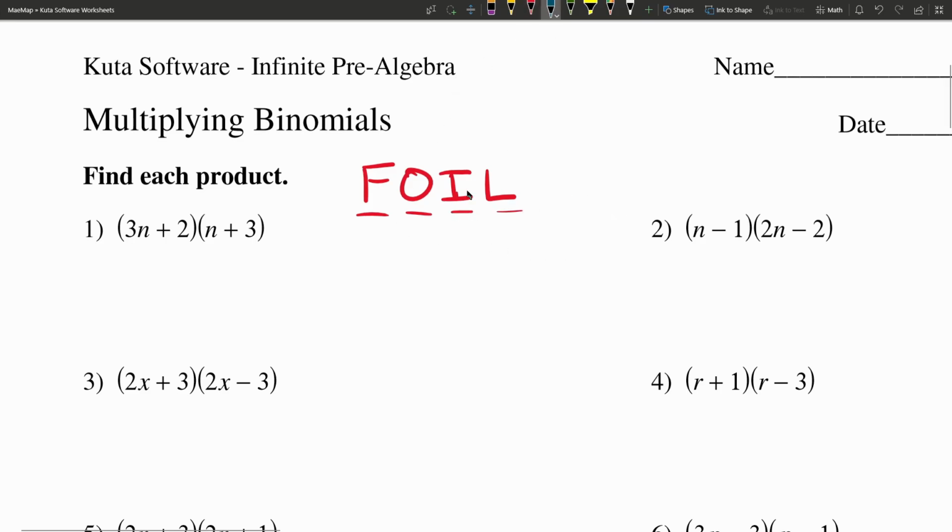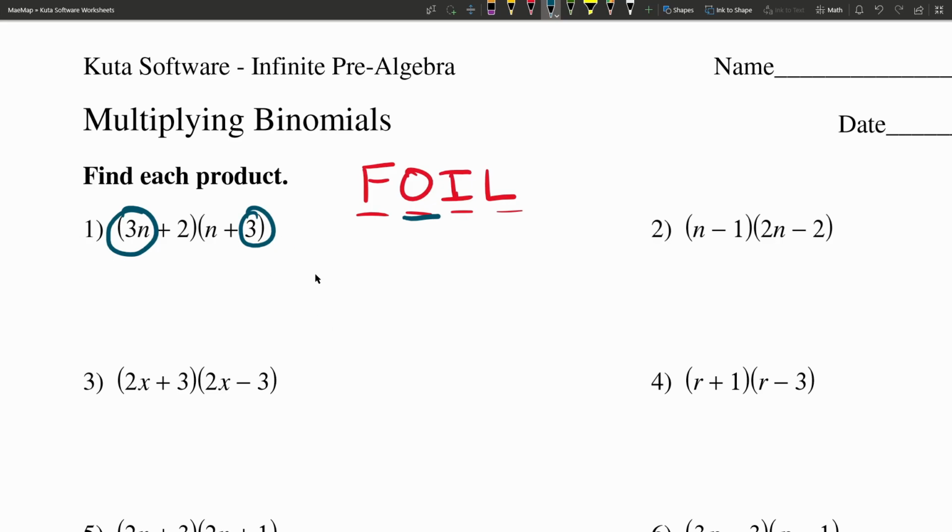And all we're going to do is take the first term of each binomial and combine them through multiplication. Then we'll take the outside term of each binomial. So if you can envision this, the outside terms are the ones on each end. So the outside will be the first term of the first binomial and the second term of the second binomial.